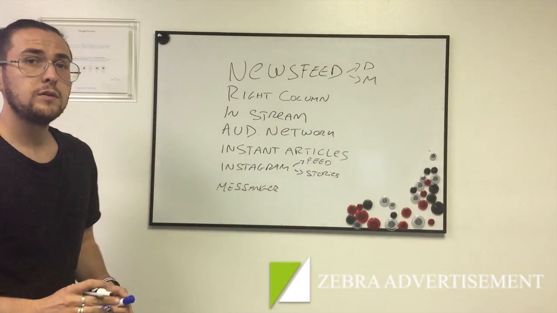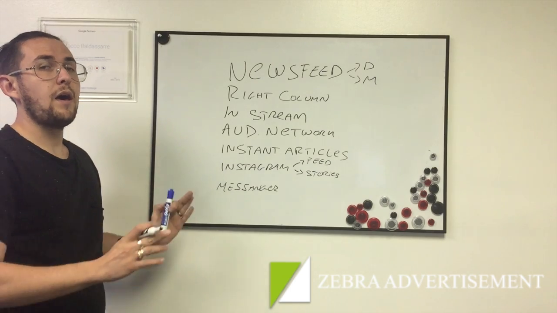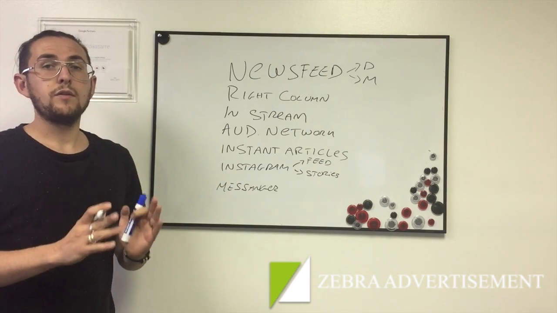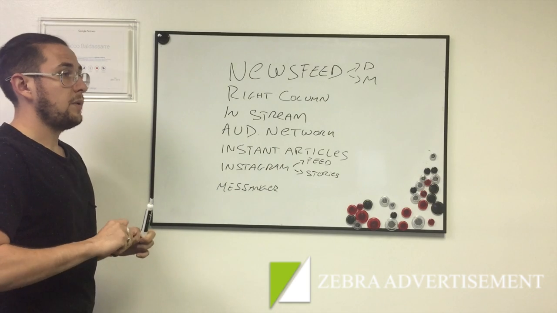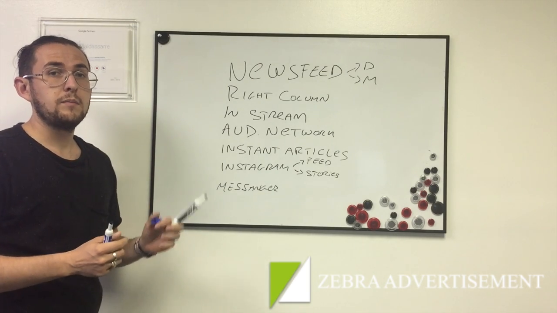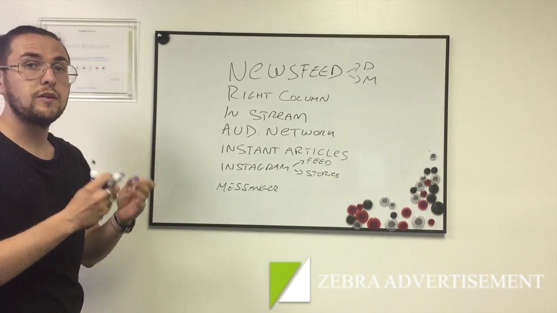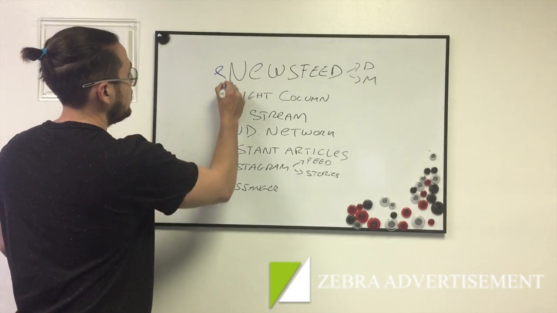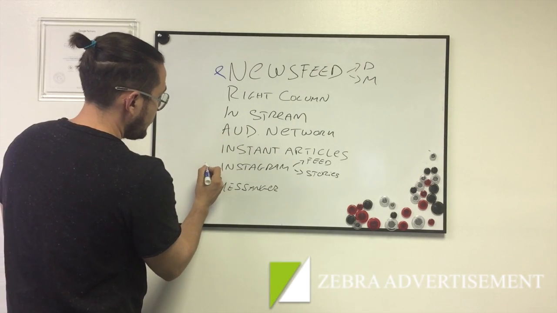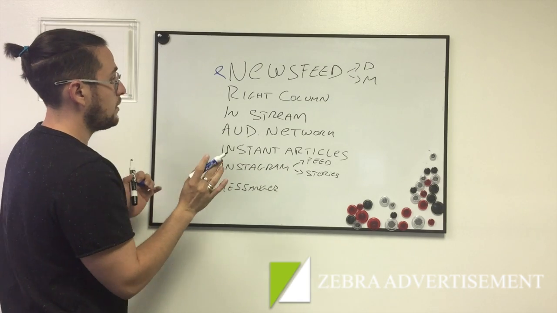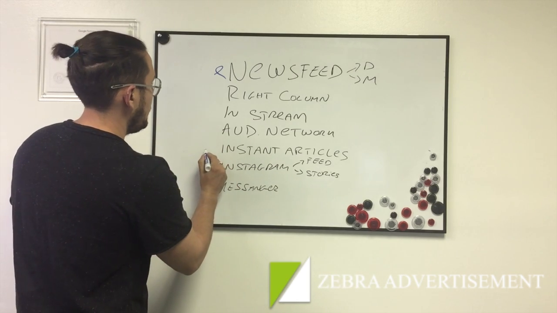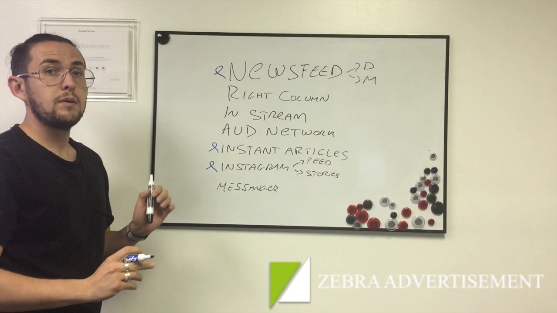It's very important to know that each of these placements have completely different traffic quality. In my opinion, and based on the experience I've had managing more than 100 million a month in Facebook advertising, newsfeed, Instagram, and in some cases, instant articles generate the best quality.